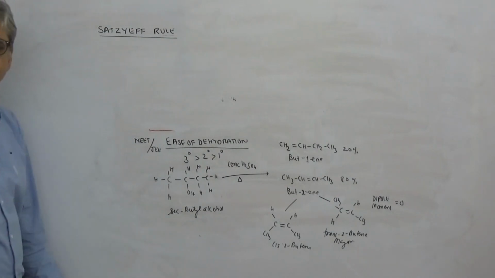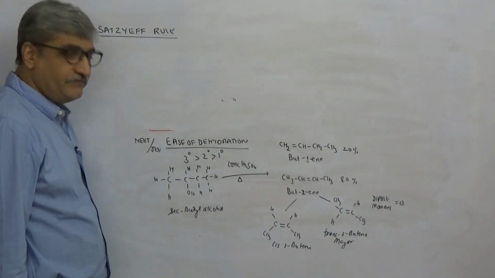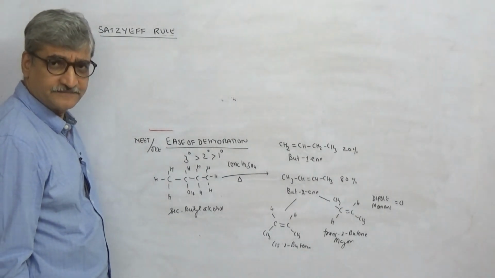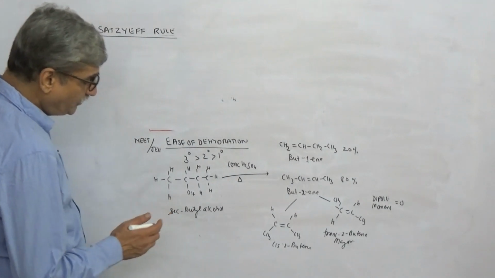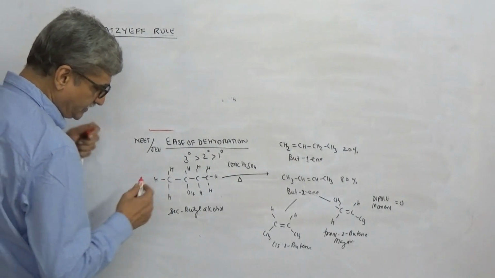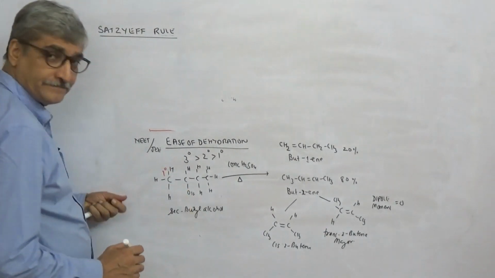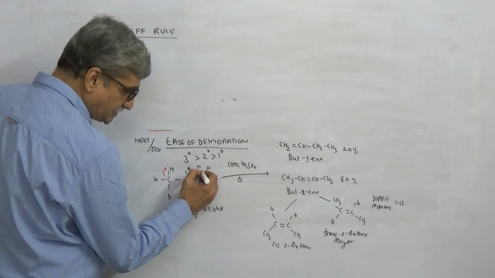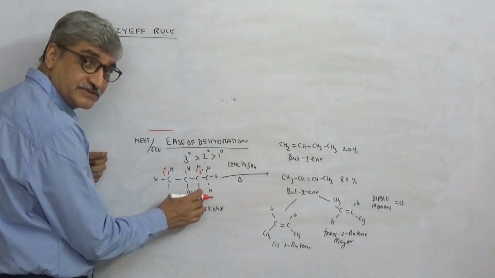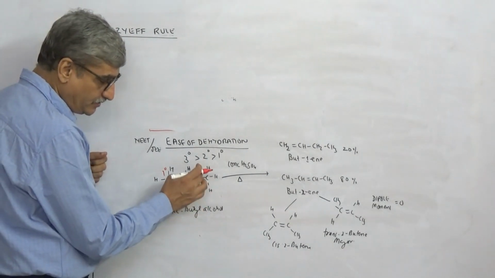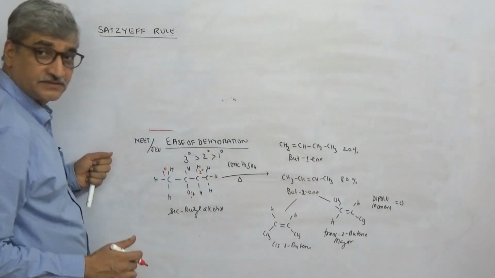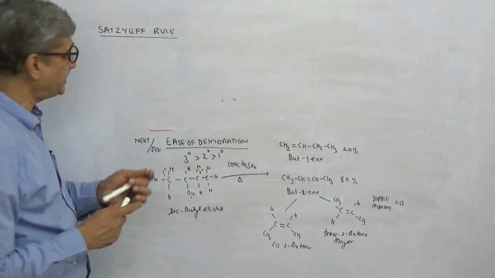We know that in dehydration of alcohol, OH has to go necessarily. In the case of 2-butene, if it goes with this hydrogen, this carbon was primary. If it eliminates with this, this was secondary. When it eliminated with the hydrogen attached to a secondary carbon atom, you got a larger product. And this is exactly what Saytzeff rule says.